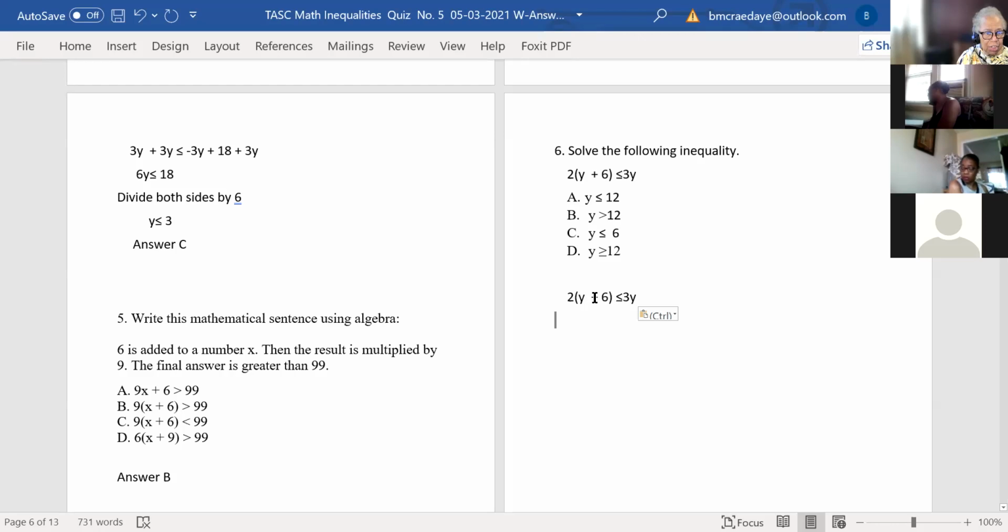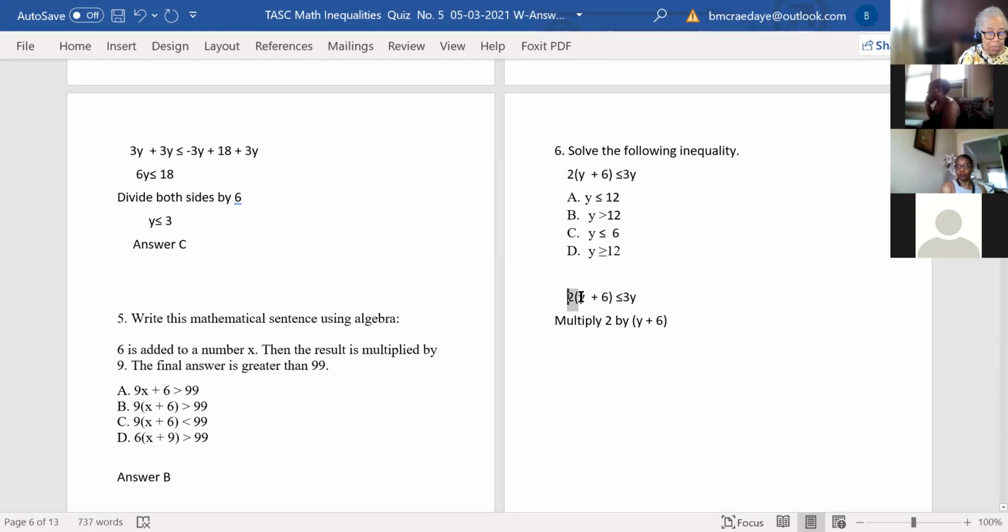So the first thing you want to do is multiply 2 by what is in the parentheses. And if you do that, what do you get? Okay, let's multiply 2 by y plus 6. So 2 times y is what, Maureen? 2y.